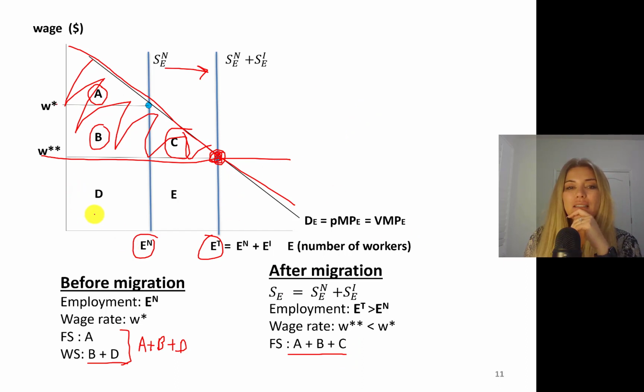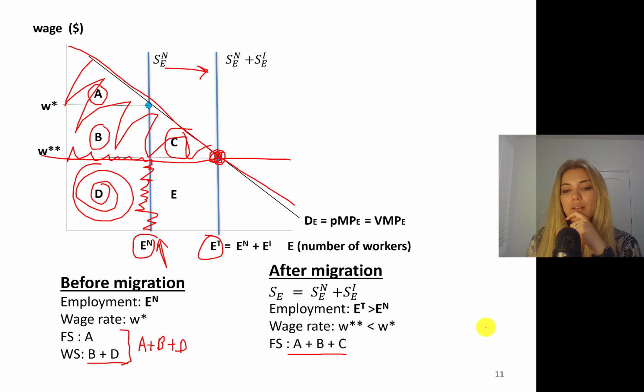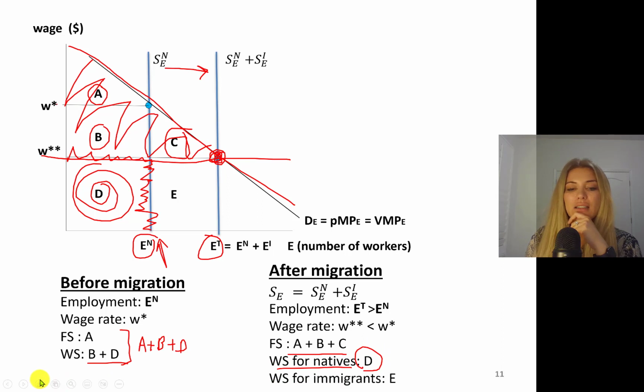So what is the native worker surplus? Native workers get the area above their supply curve, this area, limited by the wage rate and the number of people employed here. So this whole area will be native worker surplus. So native worker surplus for native workers is going to be area D. Where is the immigrant worker surplus?